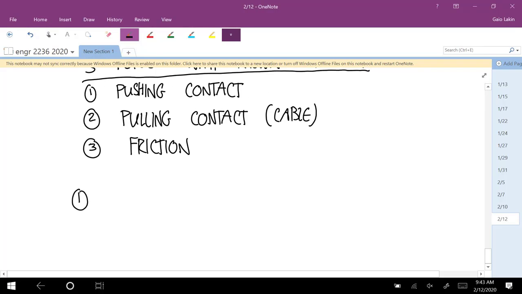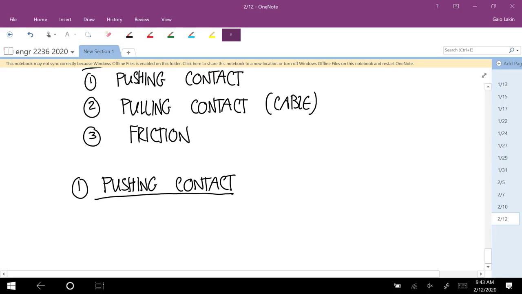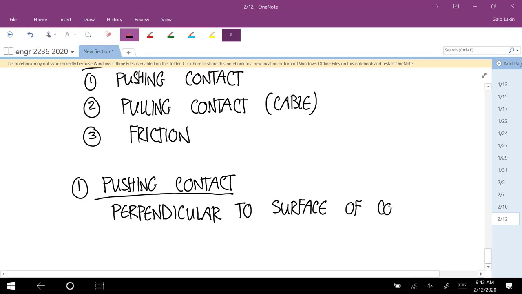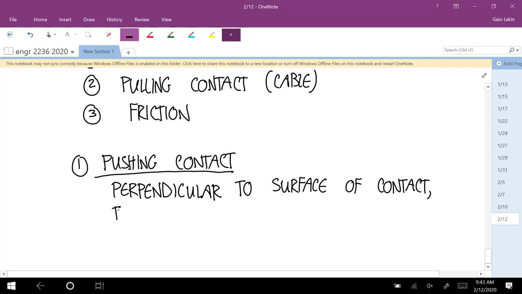Okay, so the first one, pushing contact. The direction of that force is always perpendicular to the surface of contact and toward the chosen body.